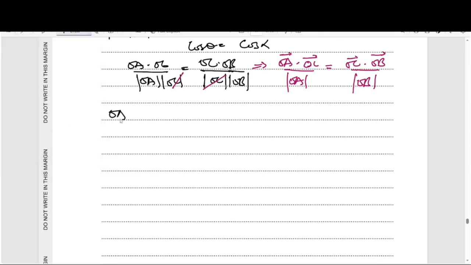So OA dot OC will now be equal to 3 times 2, then plus 2 times p, and then plus q times 1.